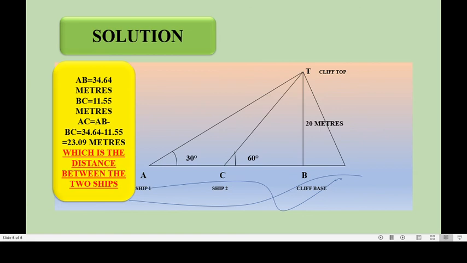By subtraction we find that the distance is 23.09 meters, which is the distance between the two ships anchored at A and C respectively. And in this way we can find the distance between the two ships, which provides us the solution to this given problem.